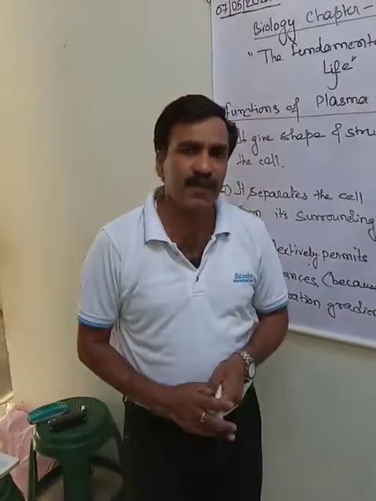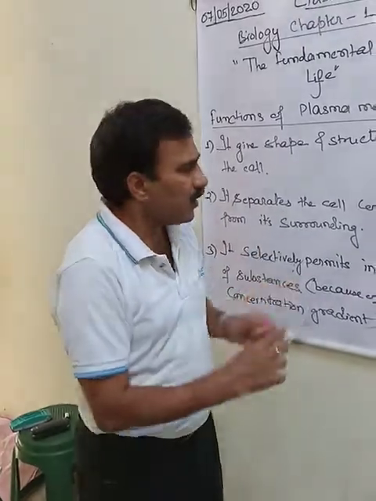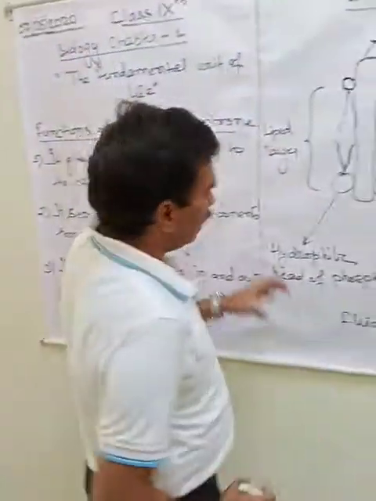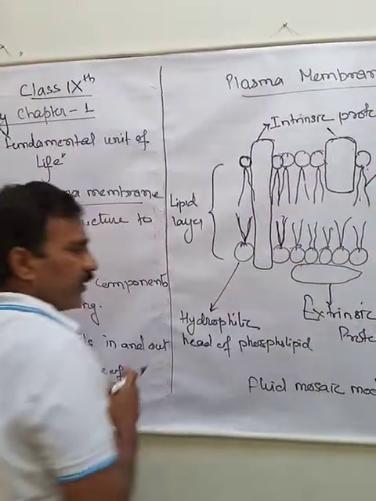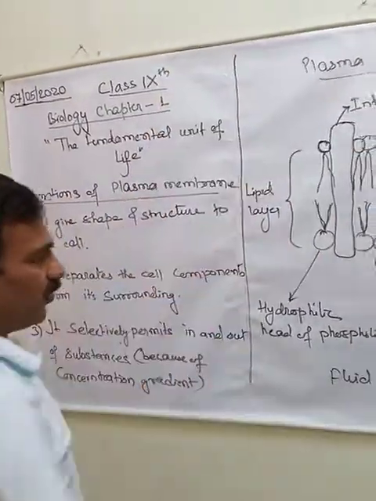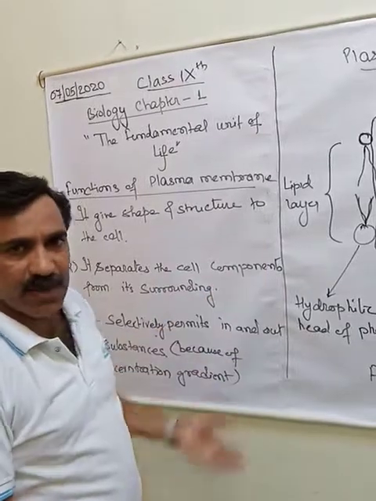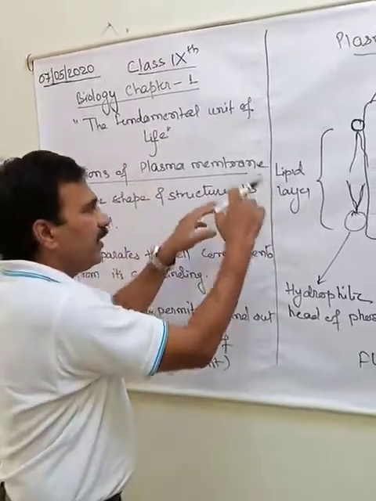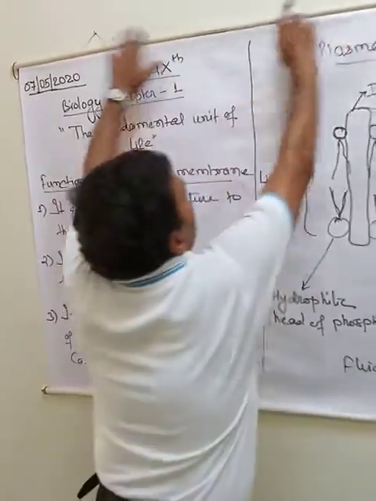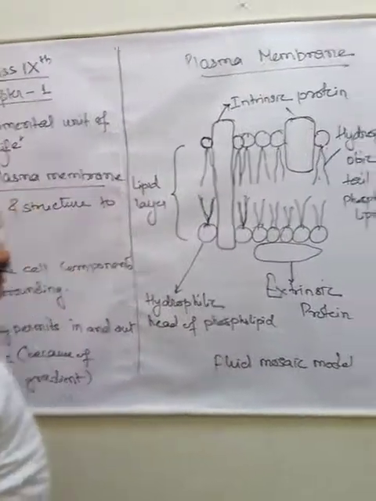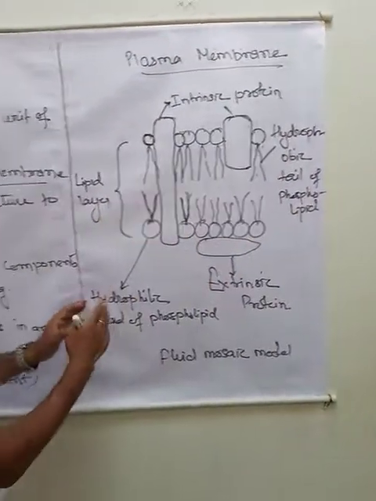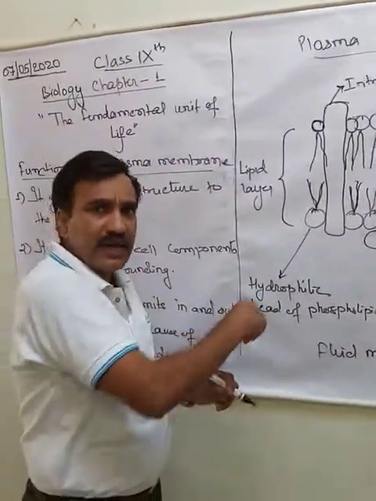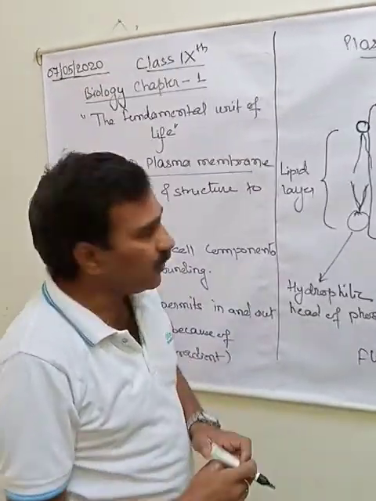Concentration gradient means, suppose this is a cell, and suppose this board is a cell. Got it? And the rest is its surrounding. Now, after combustion, the amount of carbon dioxide in this cell is increased as compared to the surrounding. So the concentration of carbon dioxide inside the cell is higher than outside.